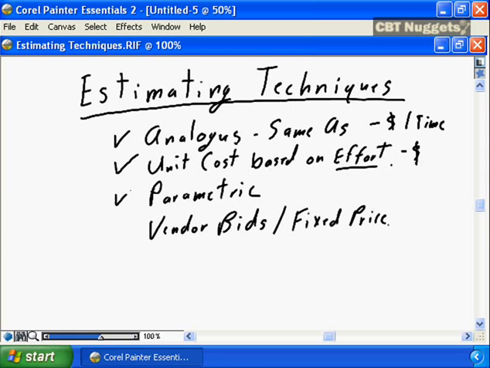Maybe you have some kind of parametric approach. For every unit, there's a dollar, and you measure the number of units, and you get a value. You know how much it costs to produce a line of code. You know how much it costs to produce a square foot of retail space.